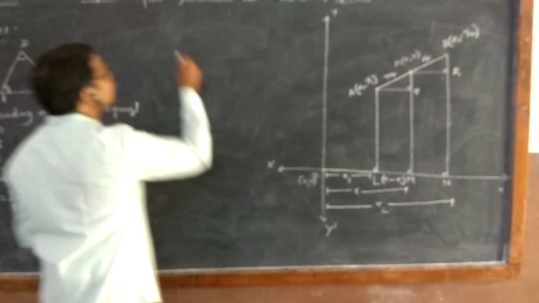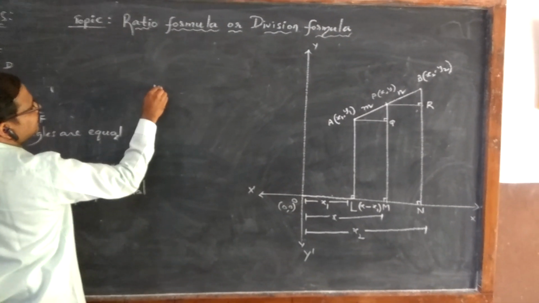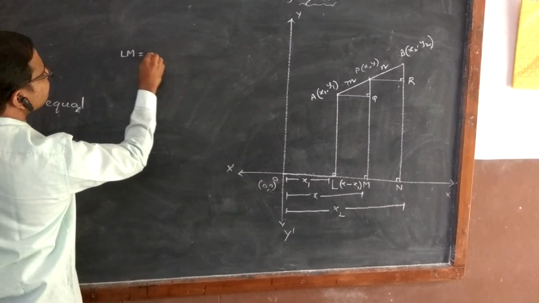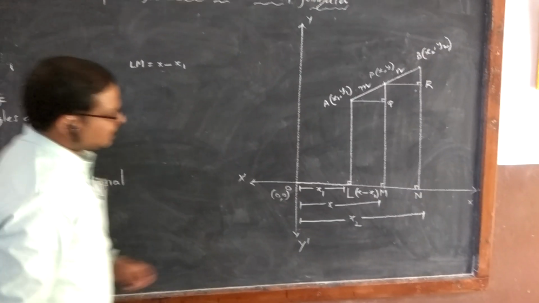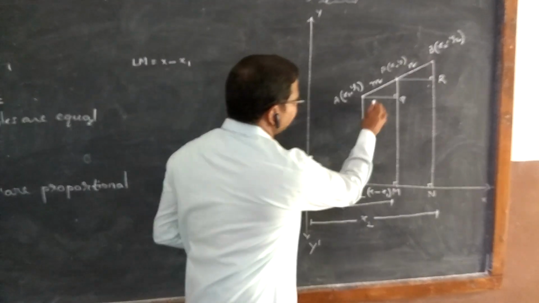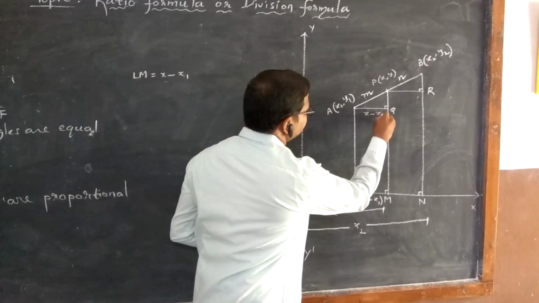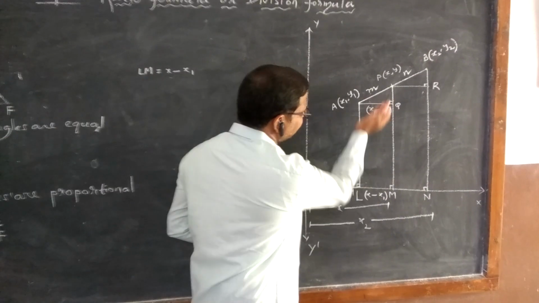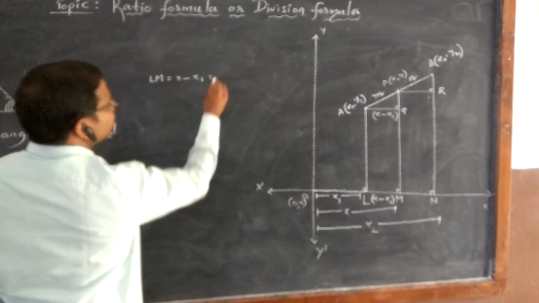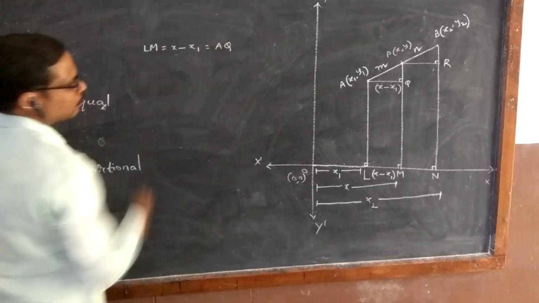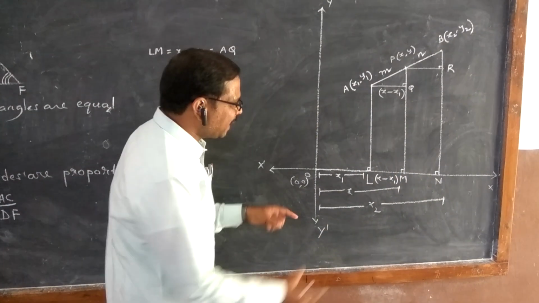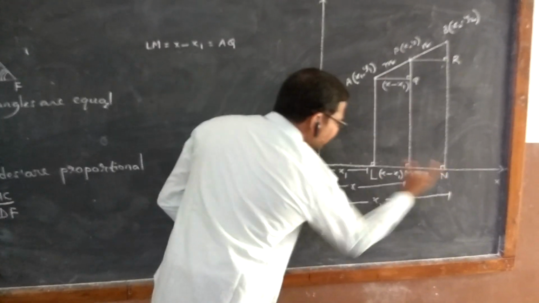What is the LM distance? X minus x1. This LM distance and AQ distance are the same. Why? They are opposite sides to each other, both are equal, so that is equal to AQ. Now what about MN?